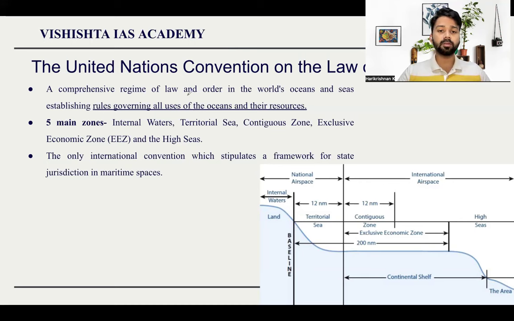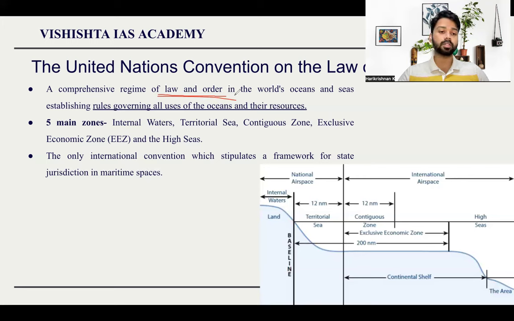It is a comprehensive law and order regime. So this is the most important point. It tends to provide a legal basis for management of the coastal ecosystem or the marine ecosystem all over the world. And it is the only convention which talks about rules in managing the oceans.